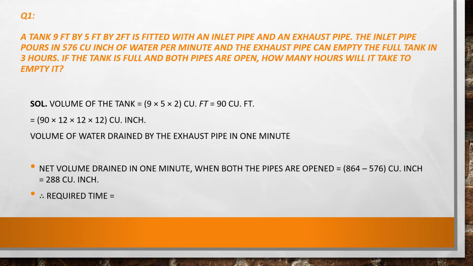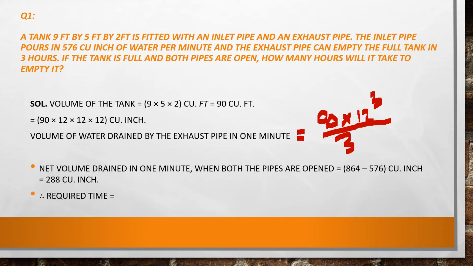Here it can be written as 90 into 12 into 12 into 12, that is 12 cube, divided by the time taken, which is 3 hours. Time taken is 3 hours to empty the tank, so you write it as 3 into the cubic inch.